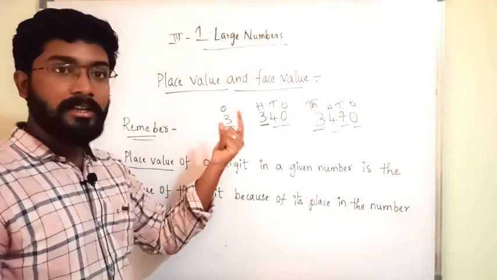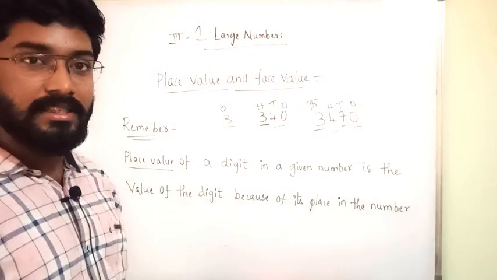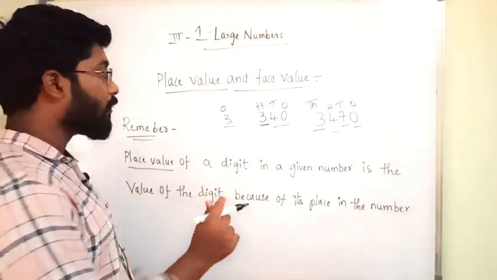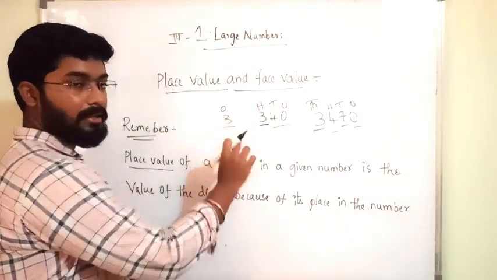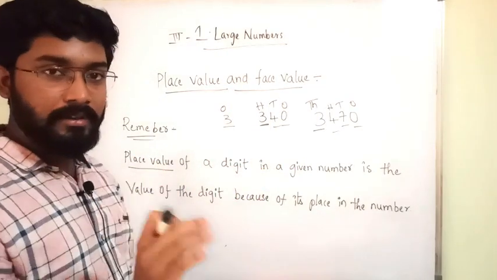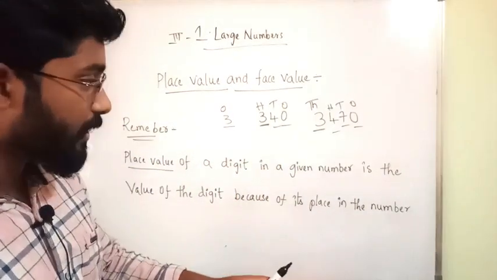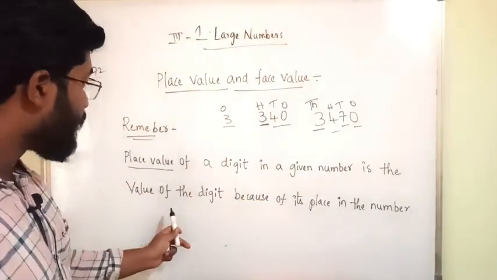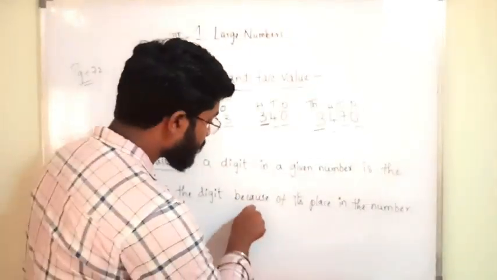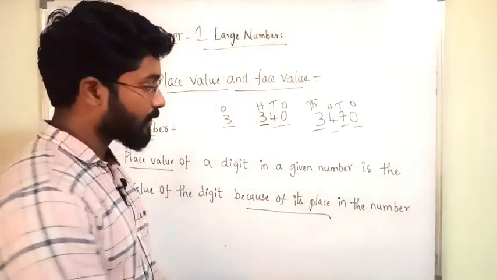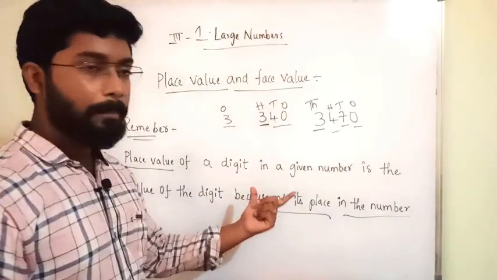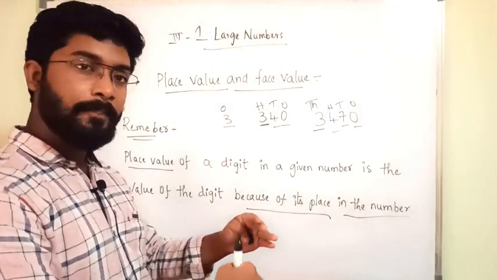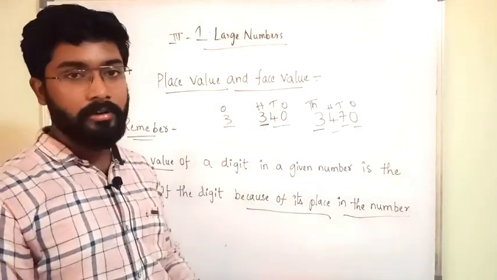You have to only remember that according to the place, the place value of a given digit will be changing. Because of the place, if the place is changing, place value will be changing. That's what you have to remember.